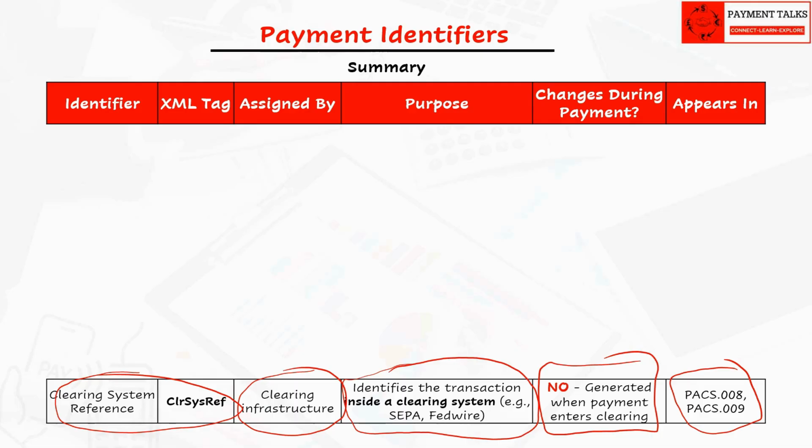The sender bank receives it via acknowledgements or reporting messages, and the receiving bank receives it in the PACS.008 delivered by the clearing infrastructure. Example: Barclays submits a payment into the SEPA clearing system. SEPA assigns clearing system reference equal to C1 to the transaction.